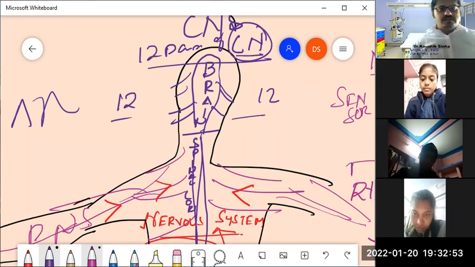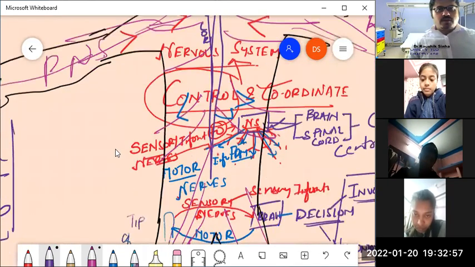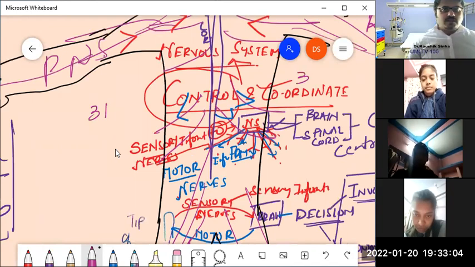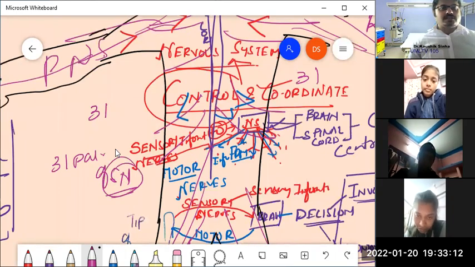Accordingly, if we consider the spinal cord, that means what is drawn on this right now, we will have around 31 on both sides, totaling to 31 pairs of spinal nerves. That has been shortened here as SN. Okay.